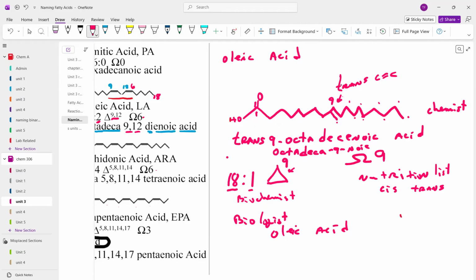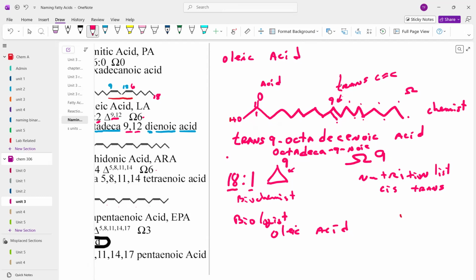A nutritionalist is going to look at how far in on the omega end. So this is the omega end. This is the acid end. Omega 9 means we go 1, 2, 3, 4, 5, 6, 7, 8, 9. The problem with the omega naming is it doesn't say how many.